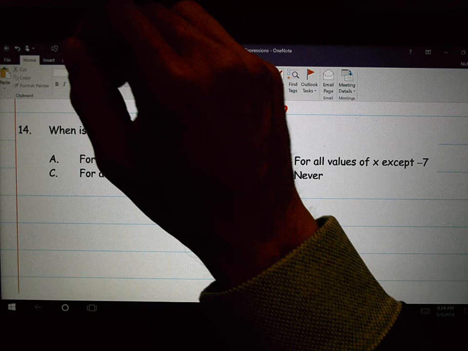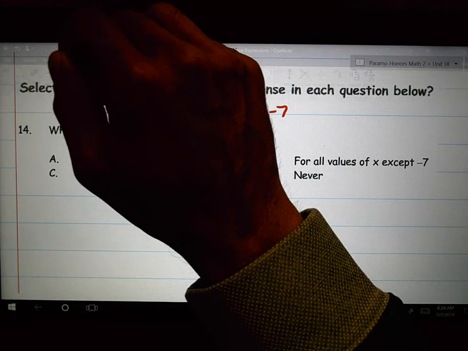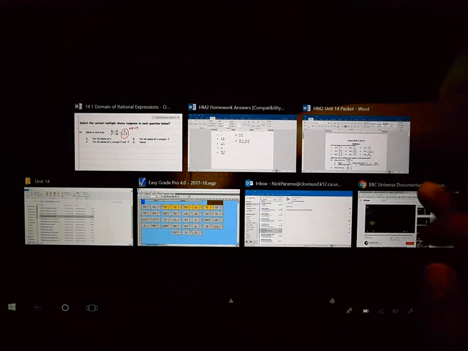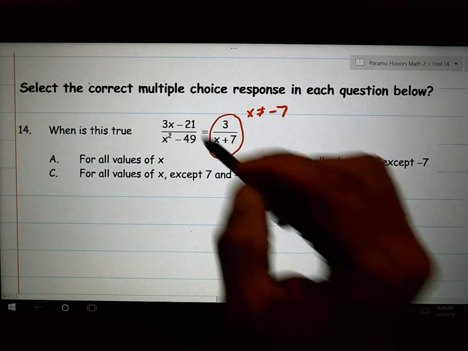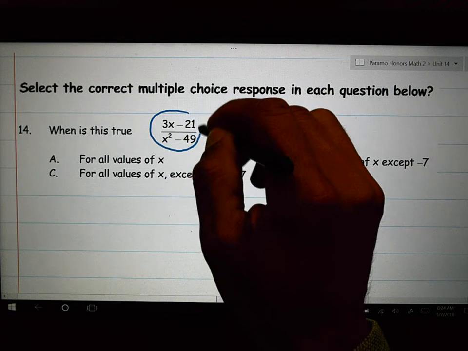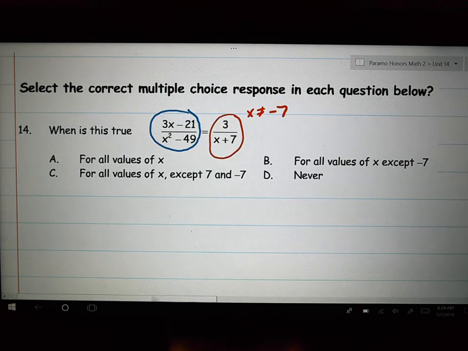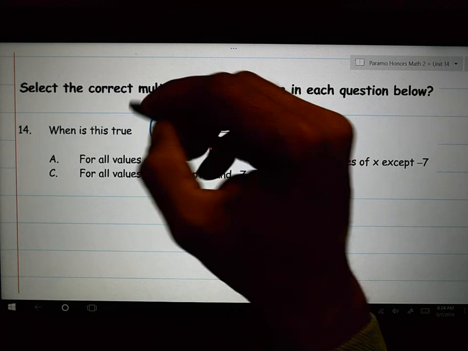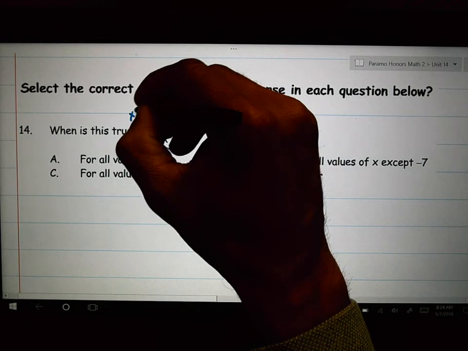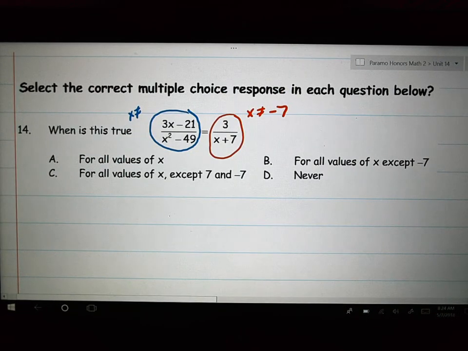Switching colors to blue. Is there something else on the left-hand side that would cause me to divide by 0? Are there a couple things that x cannot equal on this side? Do you see it?